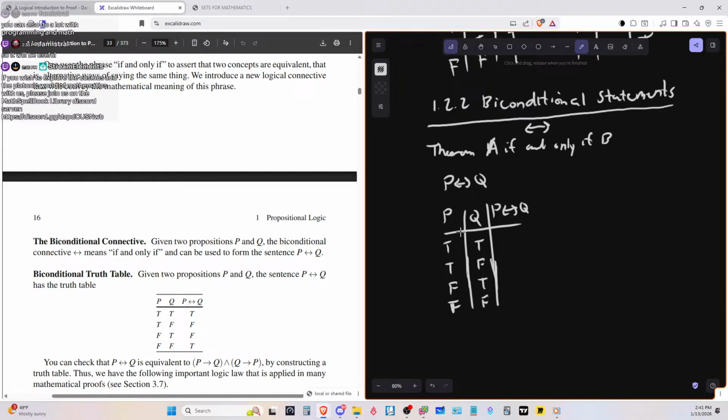So if these both are true, then that means this is true. P is true if and only if Q is false.